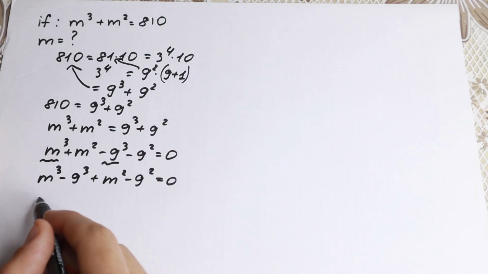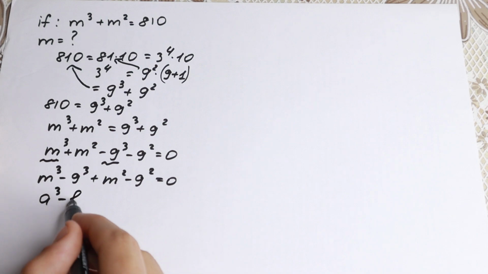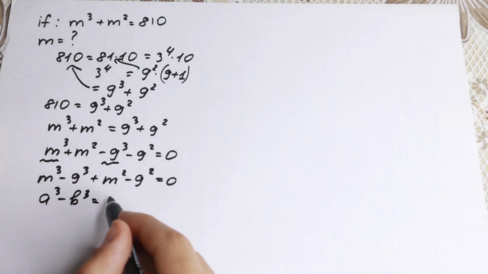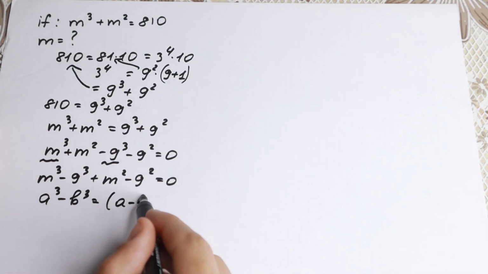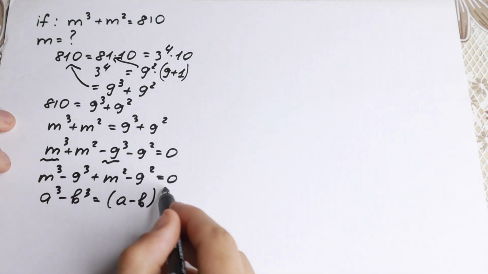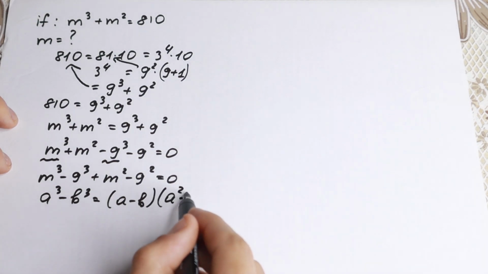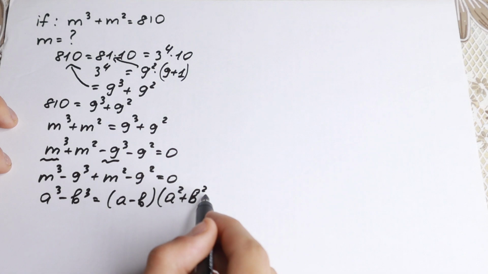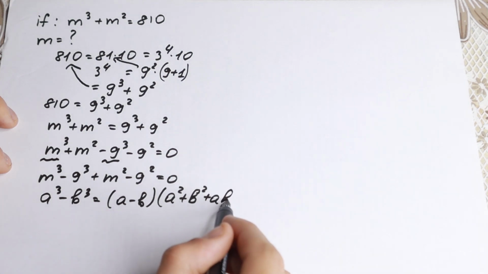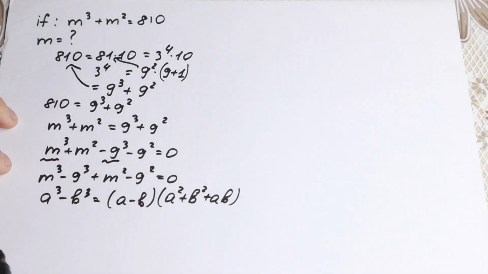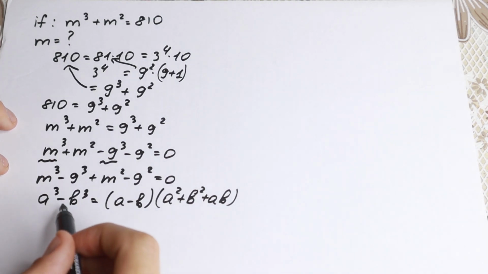If we look to our formula, a cubed minus b cubed equals a minus b, and in parentheses a squared plus b squared plus ab. This is our formula for the difference of cubes. Let's talk about the difference of squares.